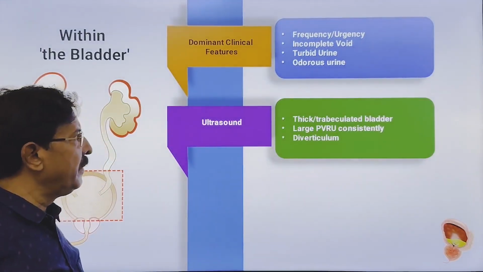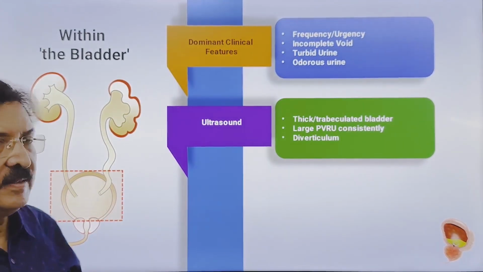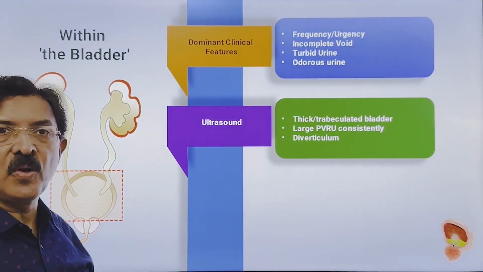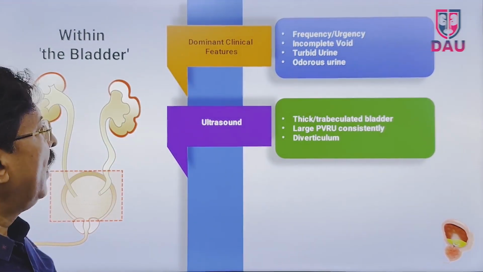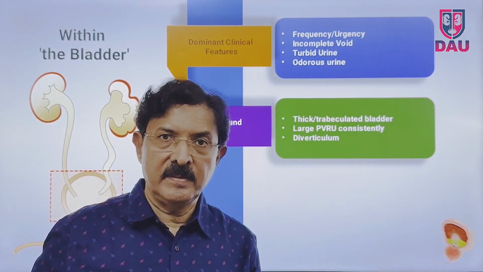On ultrasound examination, you can see a thick-walled trabeculated bladder, with or without diverticulum sometimes, or a large post-void residual volume, and you can see echoes in the urine on ultrasound.